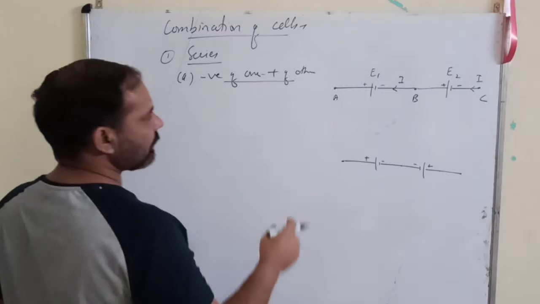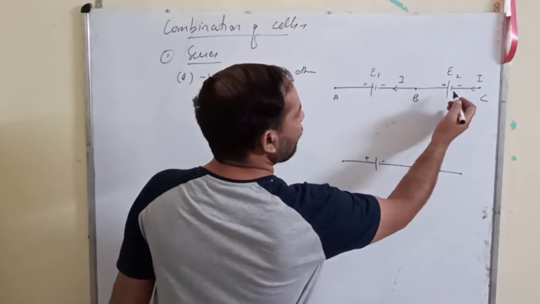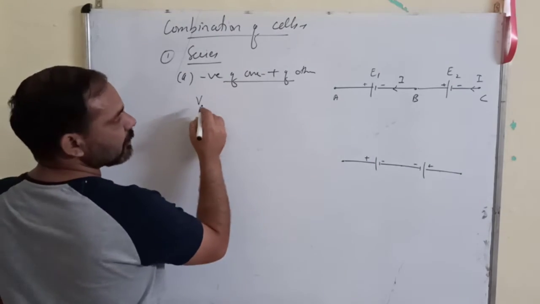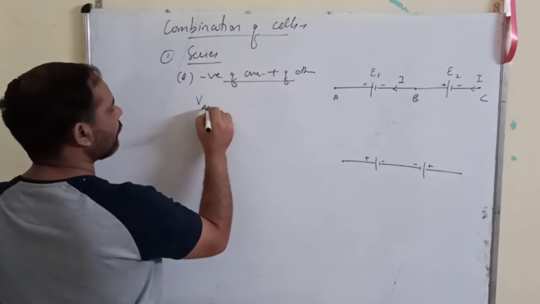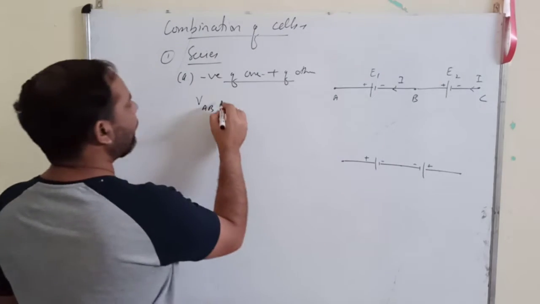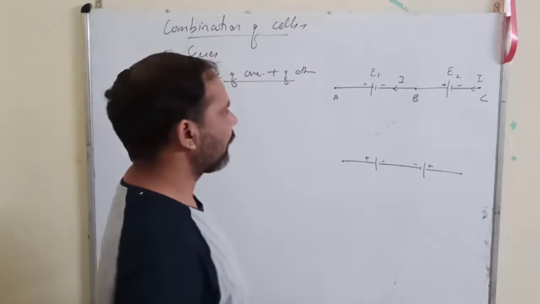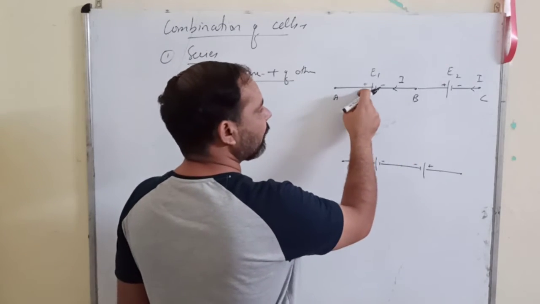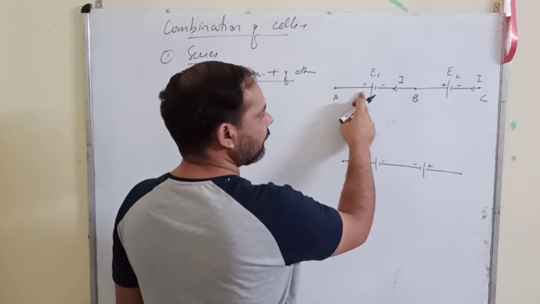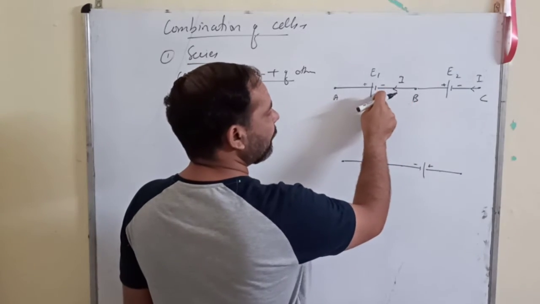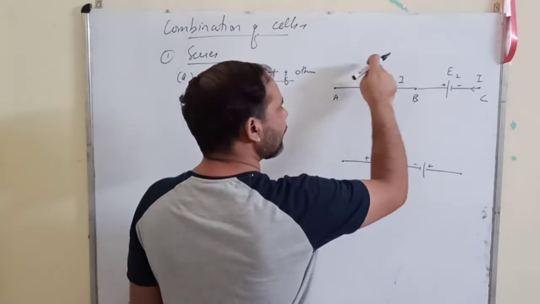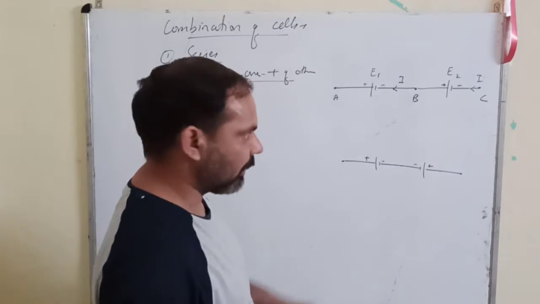So in the first case, we find the potential difference between A and B. VA minus VB: A will be at higher potential because it is connected to the positive terminal of the cell, and B will be at lower potential.